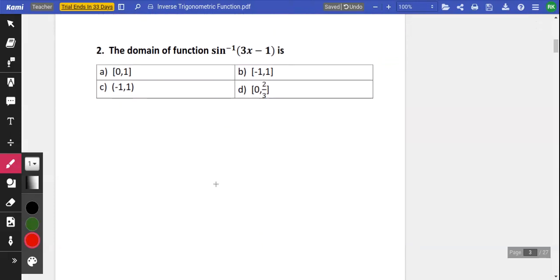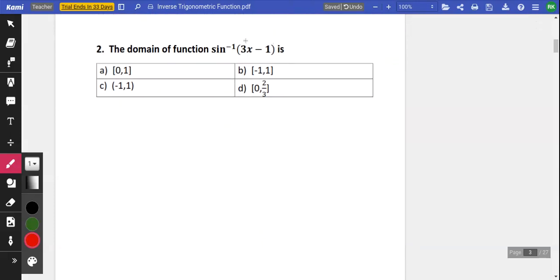Domain of sine inverse of 3x minus 1. Suppose 3x minus 1 is y. Domain of sine inverse y is minus 1 to 1. Put the value of y. We get minus 1 less than or equal to 3x minus 1 less than or equal to 1.